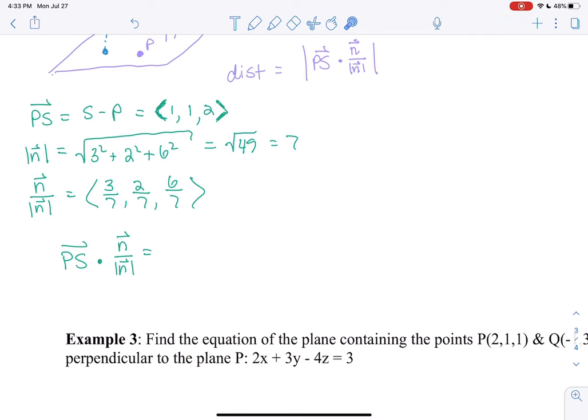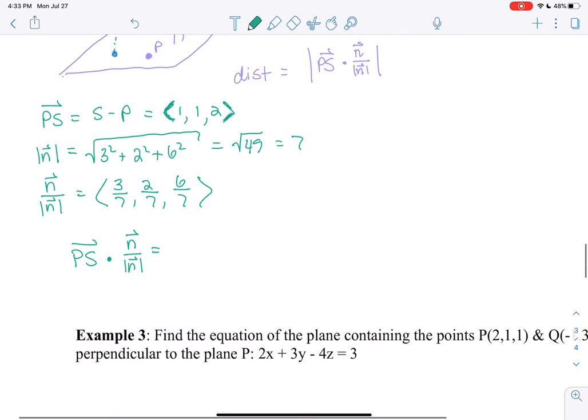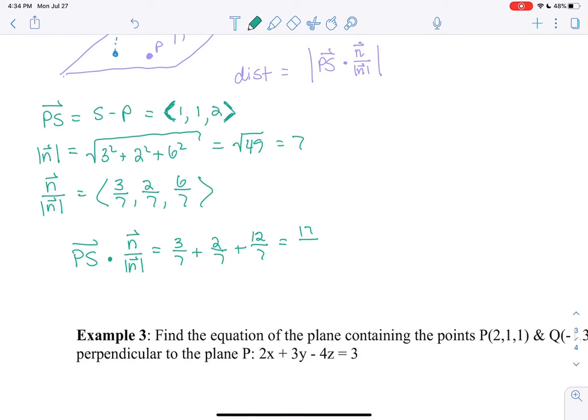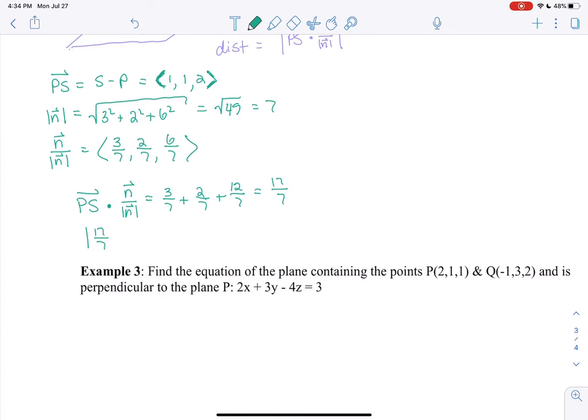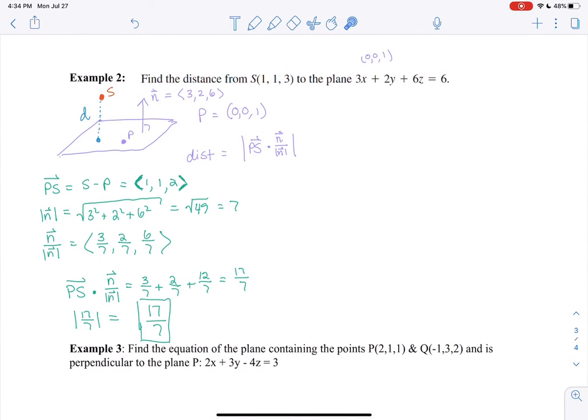So we'll get 1 times 3 sevenths is 3 sevenths, plus 1 times 2 sevenths is 2 sevenths, plus 2 times 6 sevenths is 12 sevenths, which ends up being 12, 13, 14, 15, 16, 17, the beautiful number 17 sevenths. And now we just need the magnitude of that. The magnitude of 17 sevenths, since it's already a scalar, is just 17 sevenths. So that's the distance from this point to this plane. That's the distance we found.